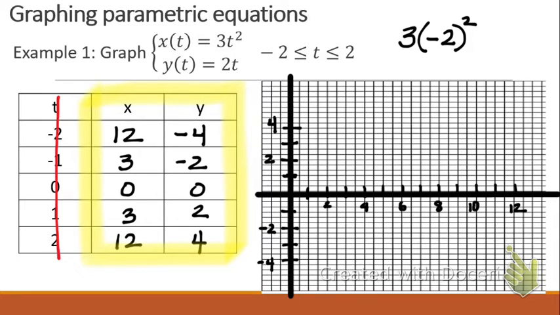So what I did was I counted every 2 or 3. And then on my x-axis, I counted by 2s. But again, you decide how you want to scale your graph. Go ahead and plot your points. There really is no wrong way to scale it.